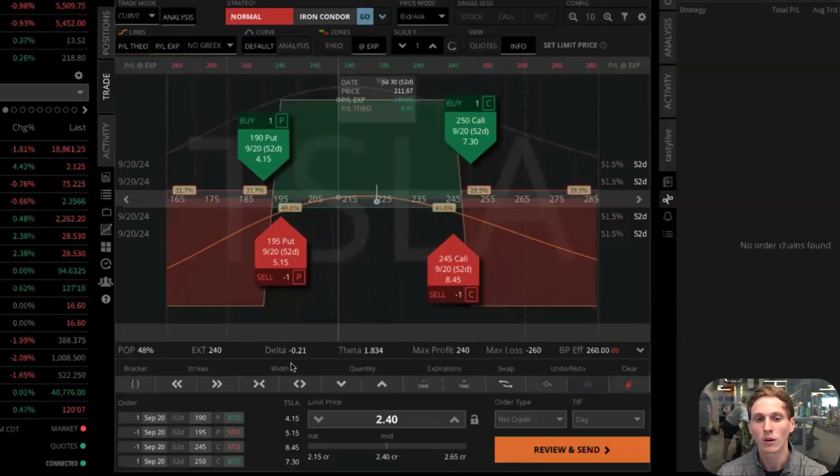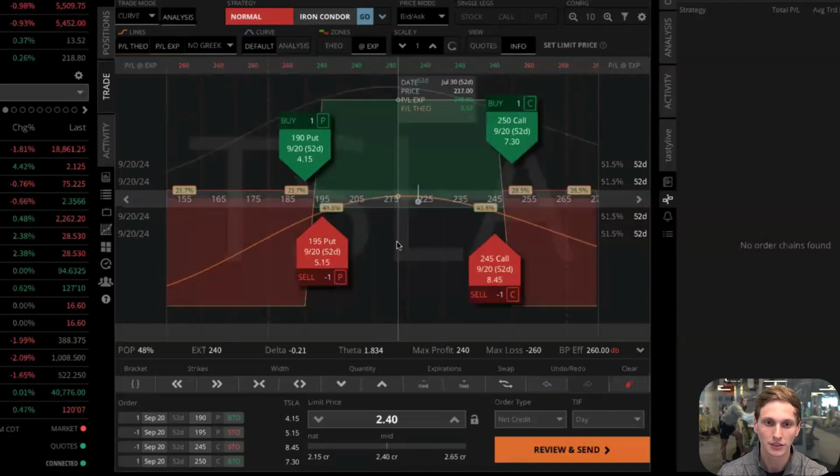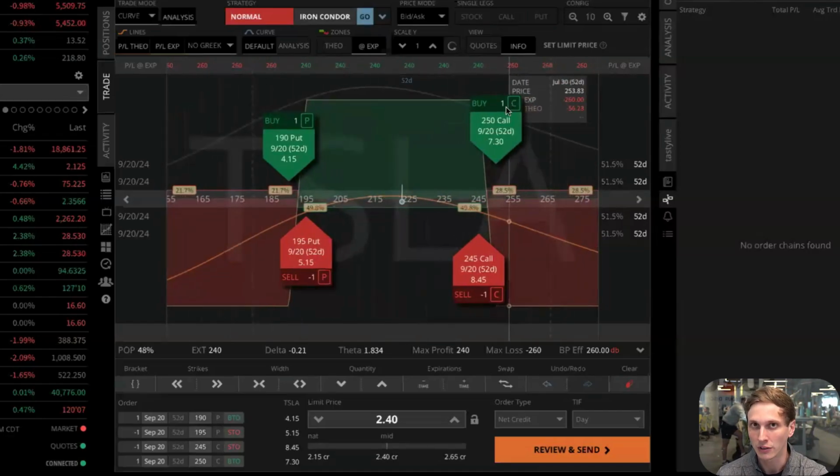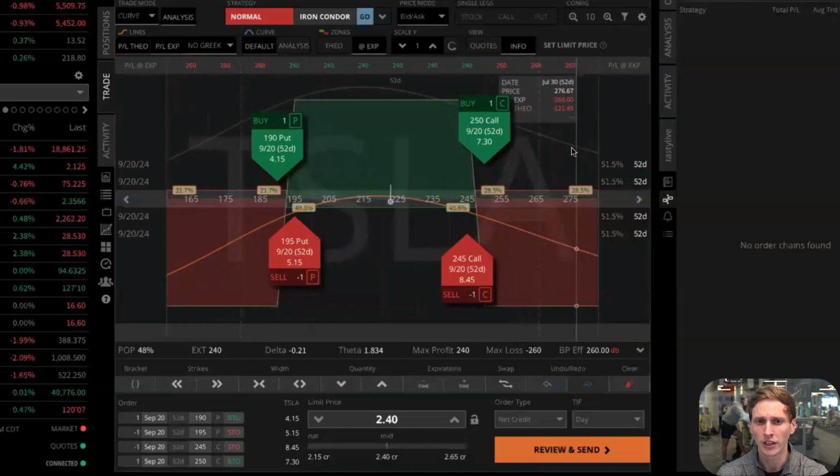And that will all update our order ticket. The graph here is also updating, which is really nice. And then at any point, you can use your mouse wheel, and then also these little magnifying glasses or the scale here if it's not fitting to your screen right away. And that's just showing us the P&L at expiration.